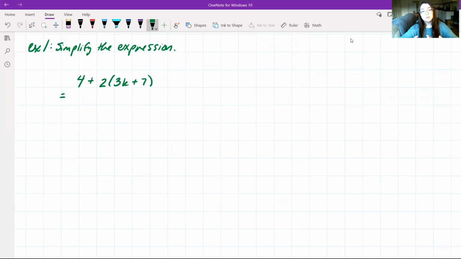So we'll be using our distributive property. So we're going to have 4 plus, and using our distributive property, this gives us 2 times 3k plus 2 times 7. And we can label here that we used our distributive property.